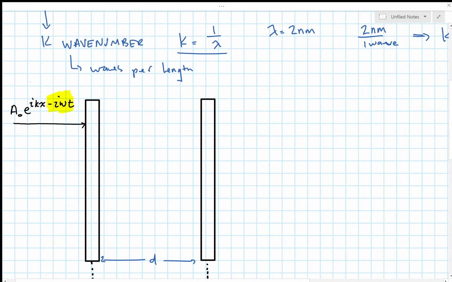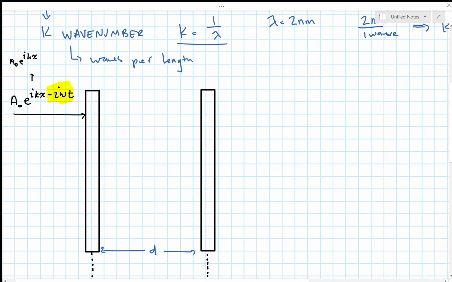I'm just going to squeeze it in up here. This is really A0 e to the i k x divided by e to the i omega t, right? Because it's a negative exponent, and if you multiply things with a like base, you just add them. And really, I can think of this as a new constant, A, which wraps in all of the old stuff that doesn't change, e to the i omega t.